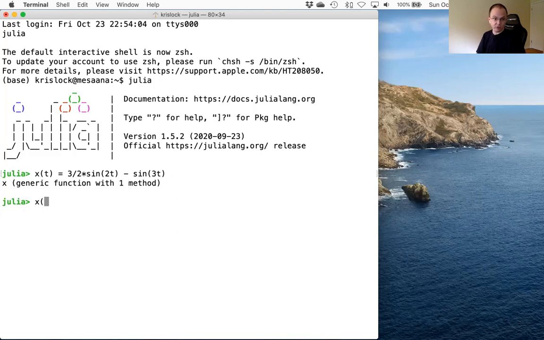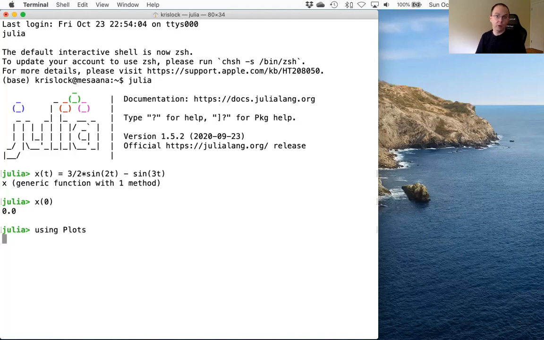All right, and let's just check that if I do x of 0, I get 0. Okay, so that's good. I don't have the derivative typed in. There is some software that will let you do automatic differentiation of functions like this, but let's not worry about that. What we're really interested in doing is plotting this.